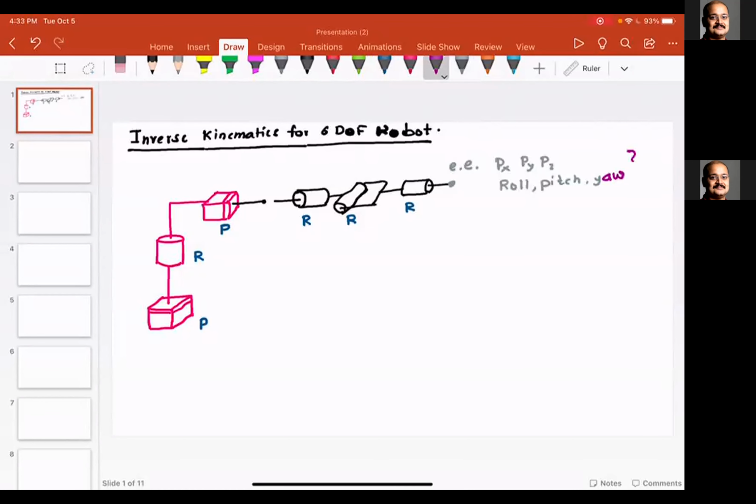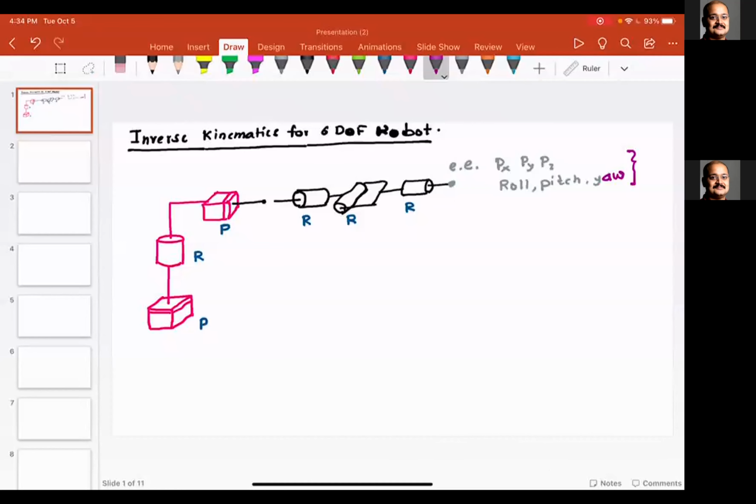These values are given. Let me set up the problem first. In this particular problem, the end effector position and the end effector roll, pitch, and yaw are given to us, and we want to solve this problem.